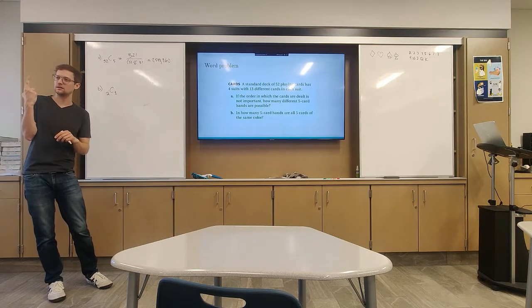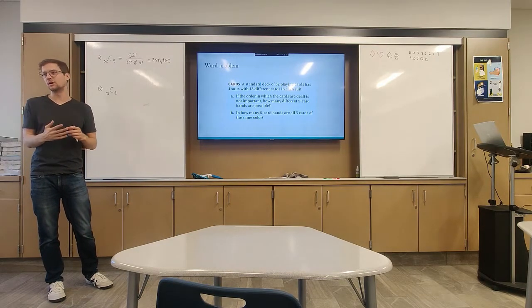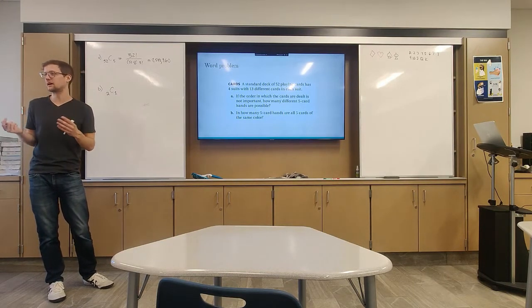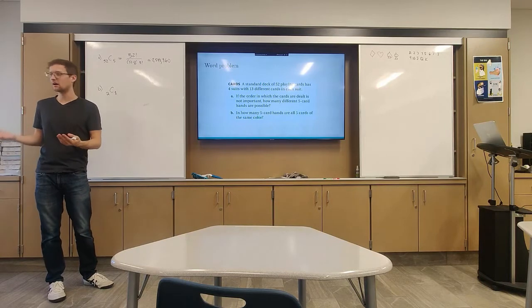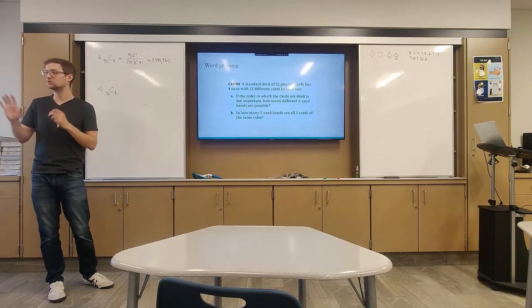I want a hand of 5 cards, but also I want them all to be the same color. So I want both things to happen. I want the same color and also a hand of 5 cards.